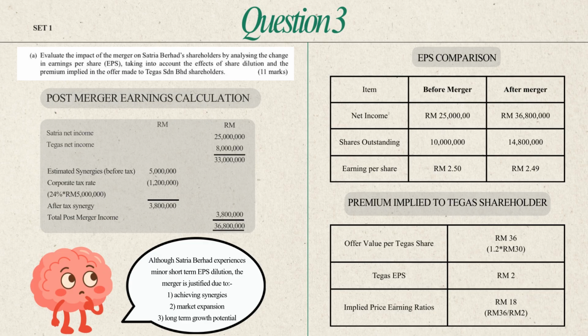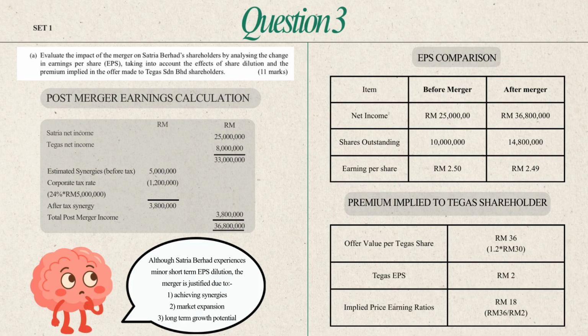To achieve the net synergy benefit, the estimated synergy before tax, which is 5 million ringgit, must be deducted by the corporate tax of 1.2 million. So, we will get 3.8 million ringgit for the net synergy benefit.